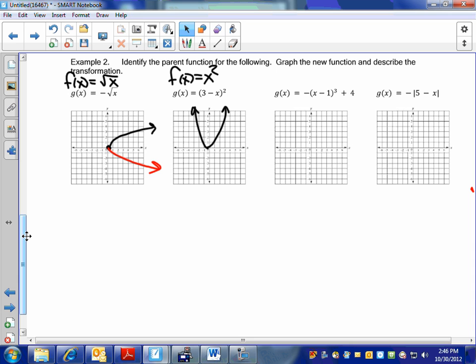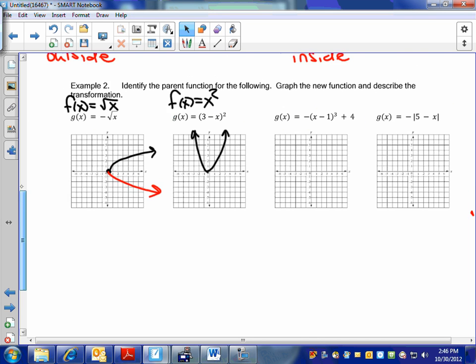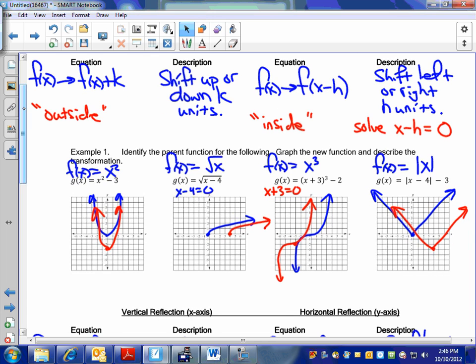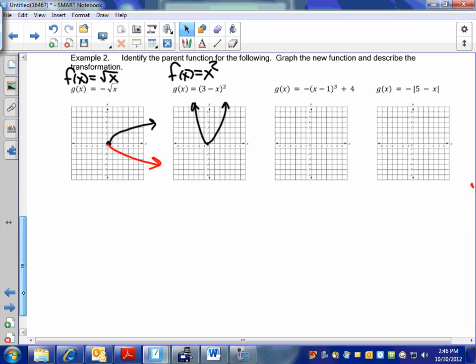There's two ways to do this problem. I'm going to tell you the way I think is least complicated for you, okay? First of all, true or false, there's a horizontal shift involved.